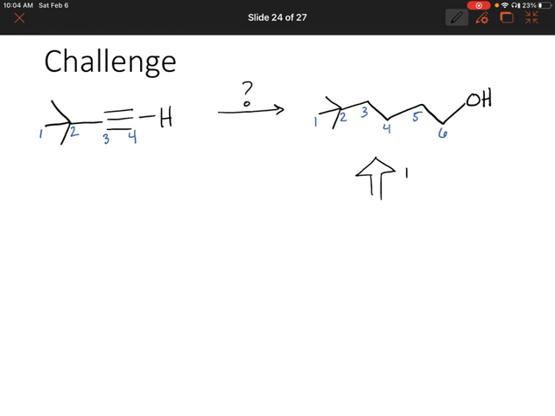So in the step before we got our alcohol, we could have used an epoxide and a Grignard reagent.